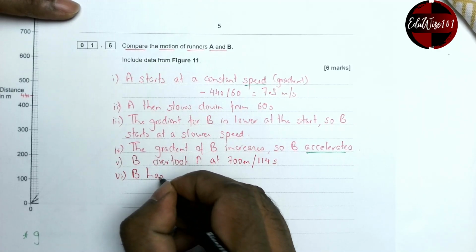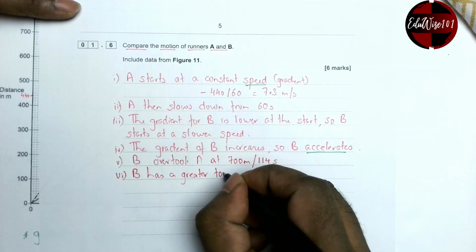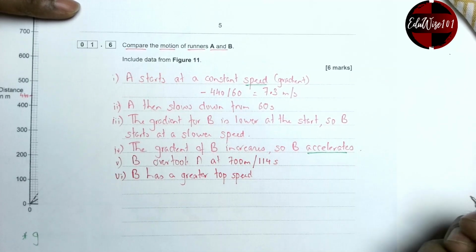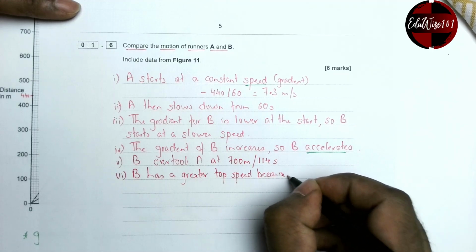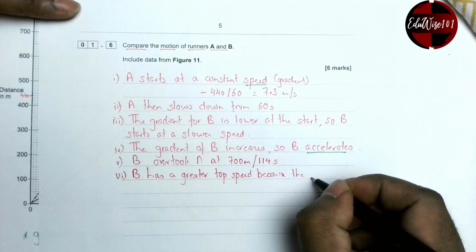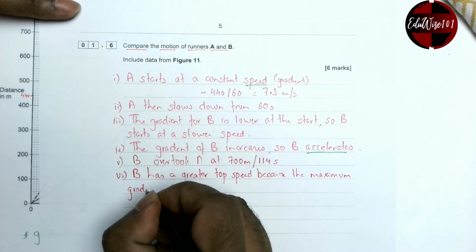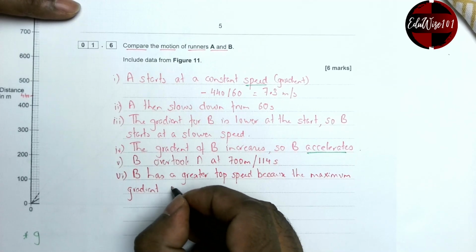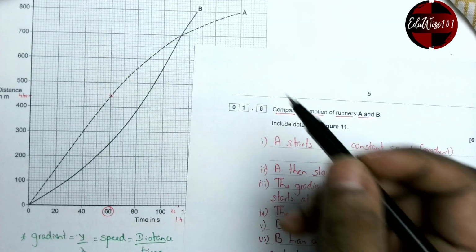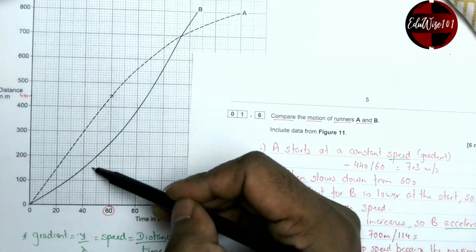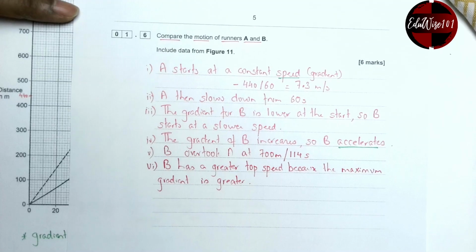B has a greater top speed because the maximum gradient is greater. The reason I'm saying that is when we look at the line steepness, B has a much more steeper line at any point.